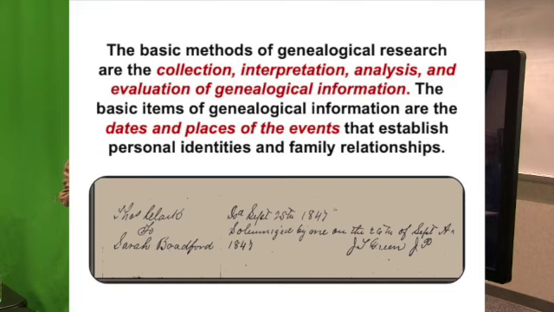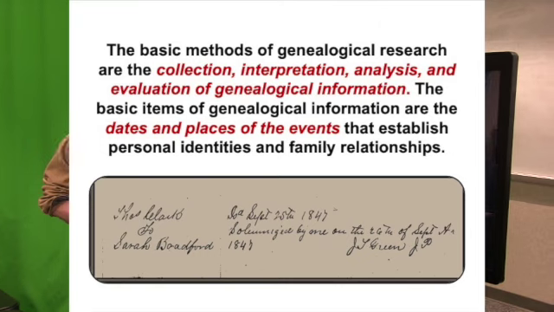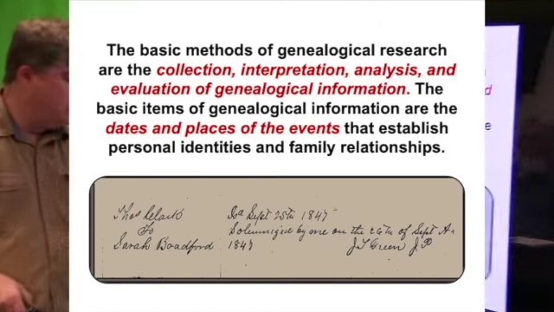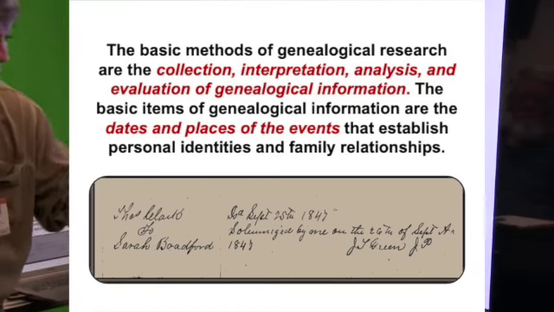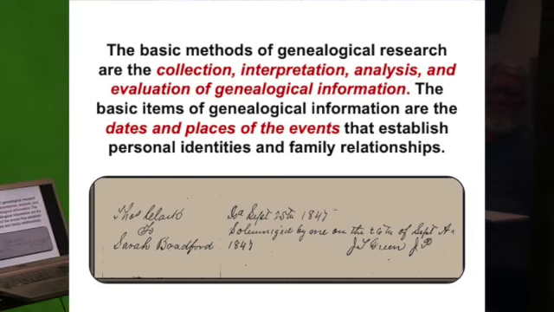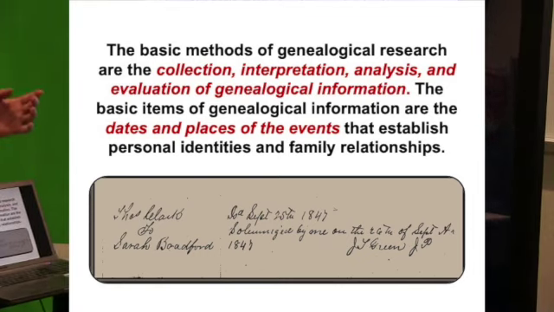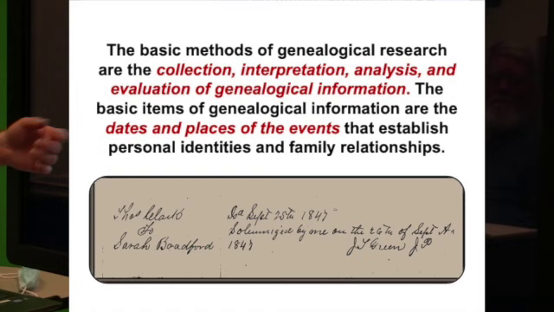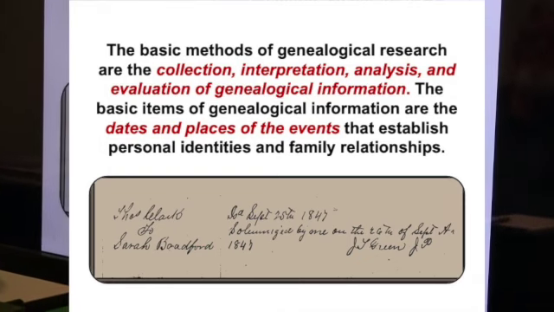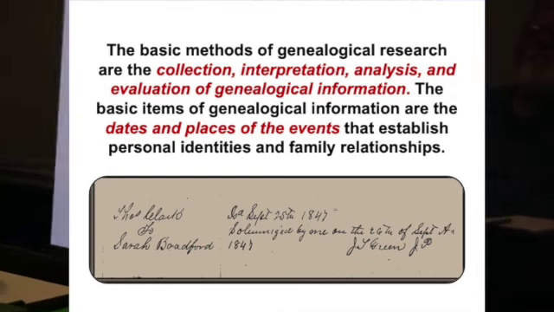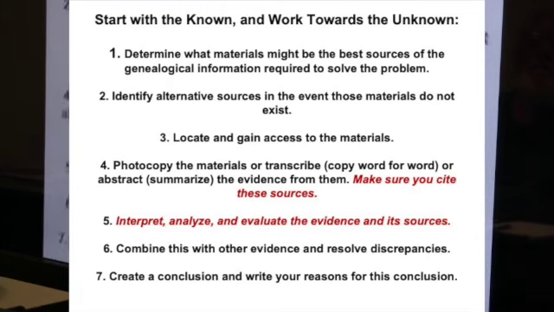For example, Thomas Marion Clark to Sarah Bradford, they got married September 25th, 1847 in Franklin County, Tennessee, and J.S. Green, Justice of the Peace, did the marriage ceremony. So it establishes dates and places for events like marriages, for military service, for deaths, births.